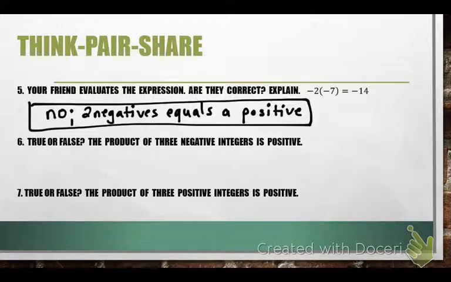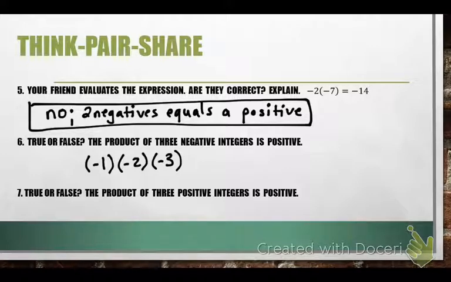True or false? The product of 3 negative integers is positive. This is what helps me to write a visual. Sometimes true and false can be tricky. So it says 3 negative integers, so that would be like -1 times -2 times -3. Should that answer be positive or negative, class? Negative.